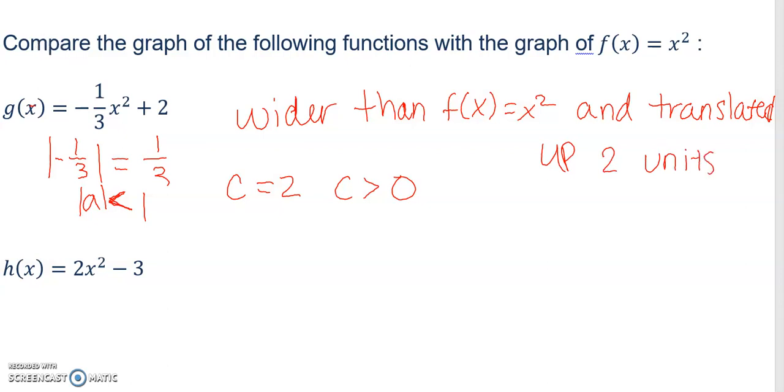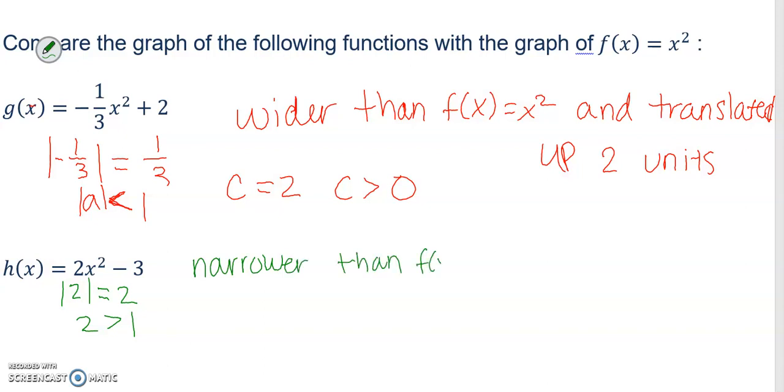Okay, so for h of x, let's try this again. So the absolute value of 2 equals 2, and 2 is greater than 1. So since it's greater than 1, it's going to be narrower than f of x equals x squared.